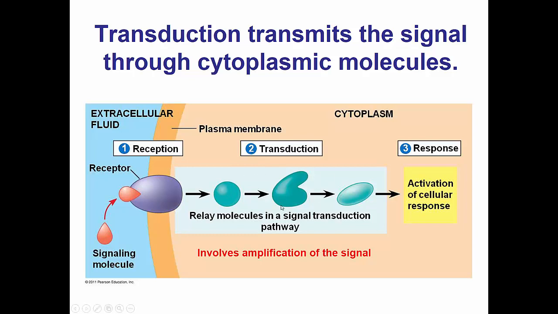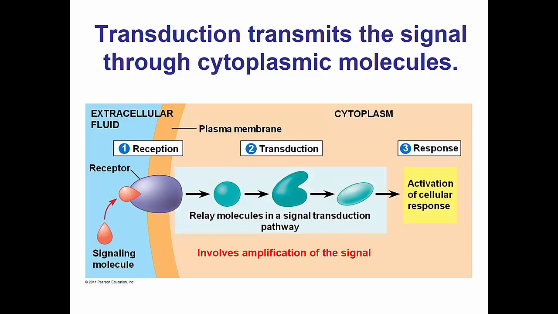So now we have 25 molecules of molecule B active. And then if each one of those activates 5 molecules of molecule C, now we have 125 molecules of molecule C that have become active, all due to the action of one single ligand binding a receptor. So amplification is getting more and more molecules engaged in this pathway in the cytoplasm.